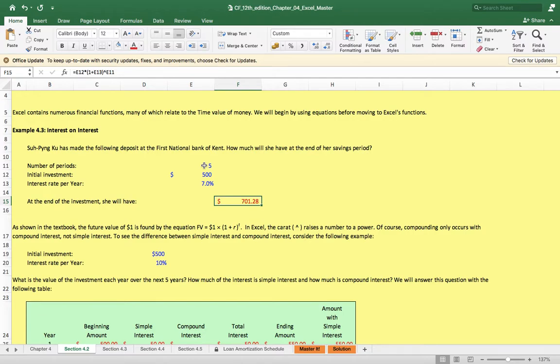What will be the formula? The formula for compounding interest in the time value of money is present value multiplied by 1 plus r to the power t.